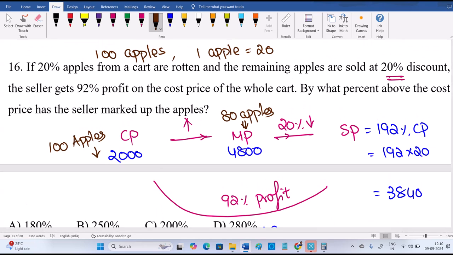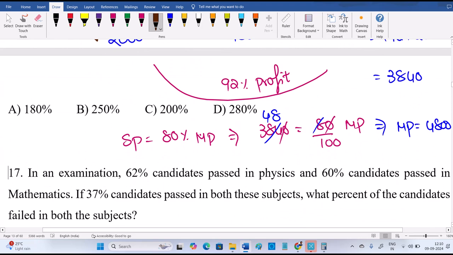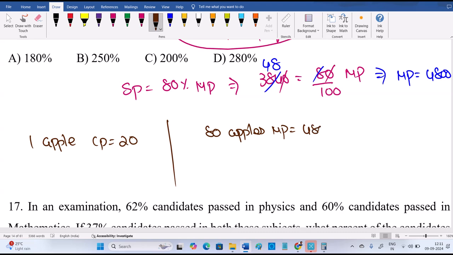So out of 100 apples, you have 80 apples right now. You have to sell 80 apples for 4800, which means one apple cost price is 20, but the marked price is 60.